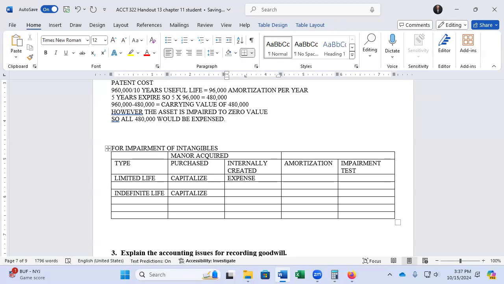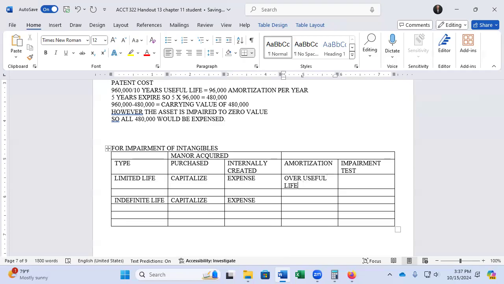All right? And then you would expense. And then amortization is over useful life. And then you do not amortize.